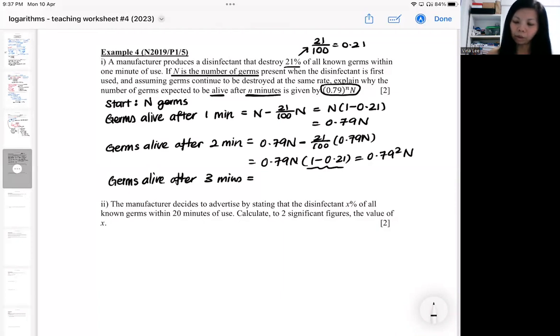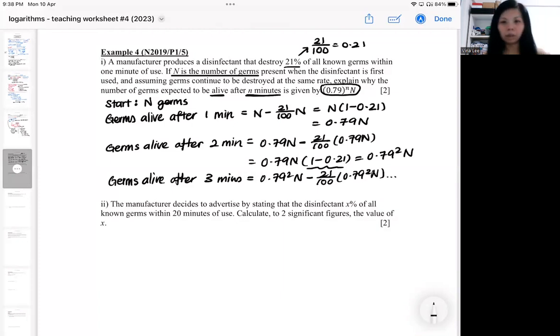You try in the same way. From the amount here, you take away 21% of that amount. When you work it out, you get this.